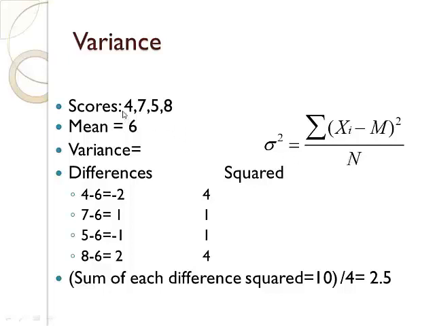So if we have 4 scores or 4 observations, 4, 7, 5, and 8, that's our data, we would first calculate the mean, and the mean of this set of data would be 6.